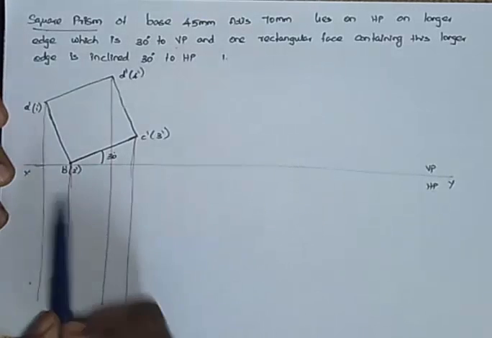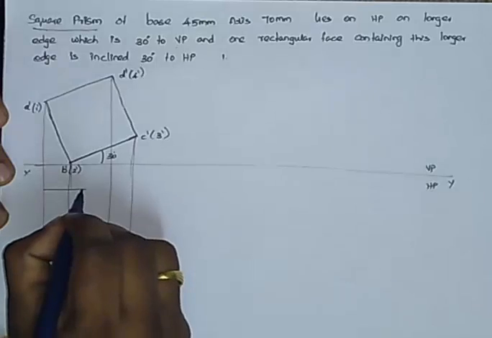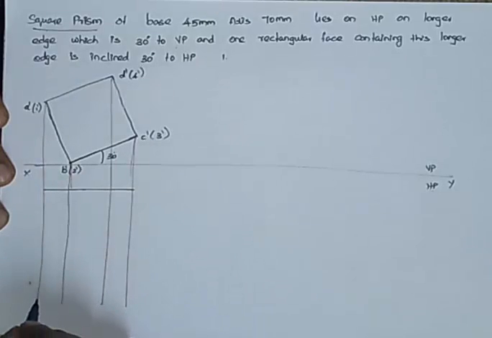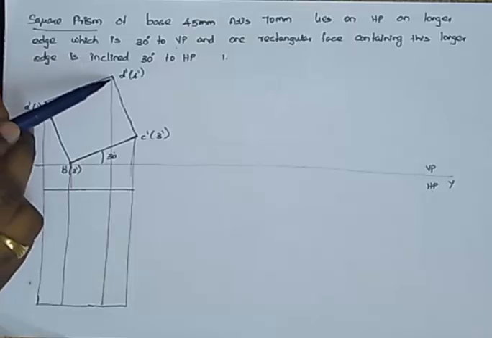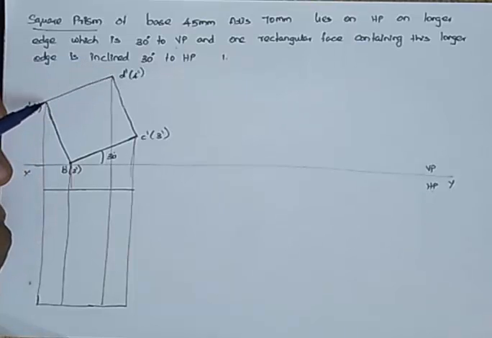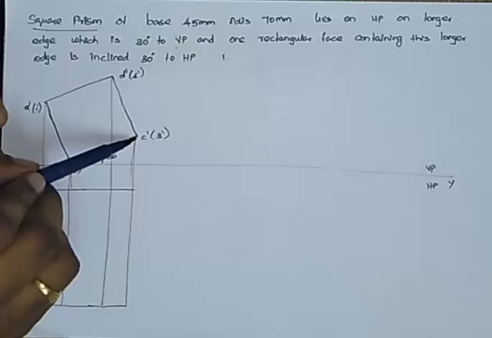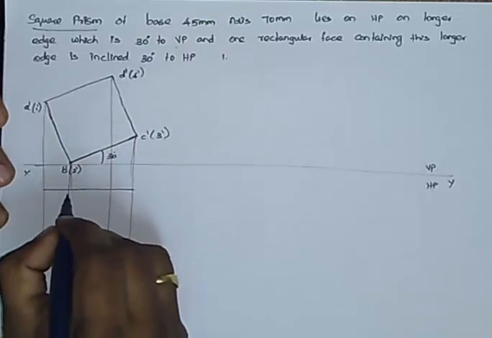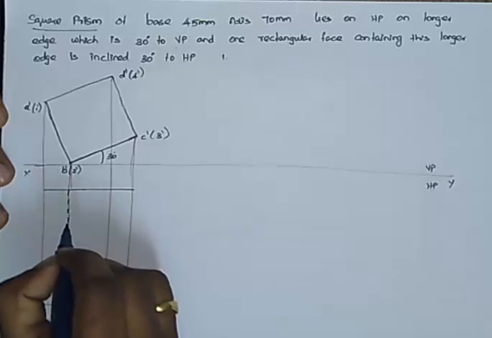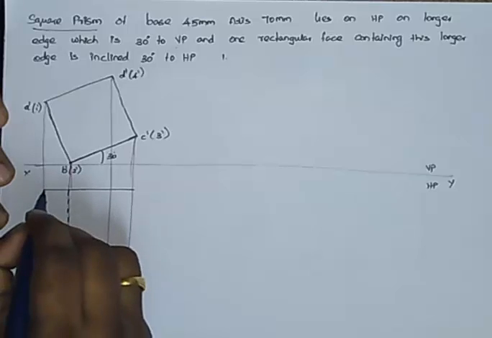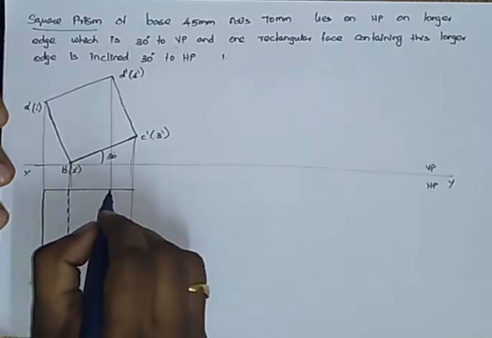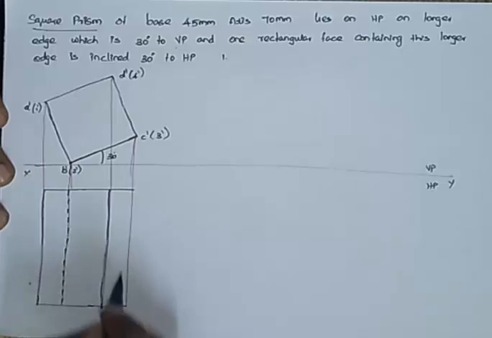Now you draw the rectangle in the bottom area of the XY line, that is, below the XY line. When you view from the top, this longer edge will be visible, this longer edge will be visible, and this longer edge is invisible. So make that longer edge with dotted lines and all other edges with solid lines.